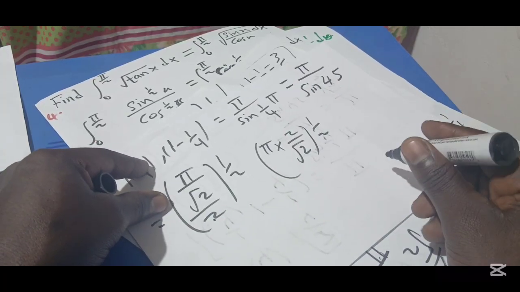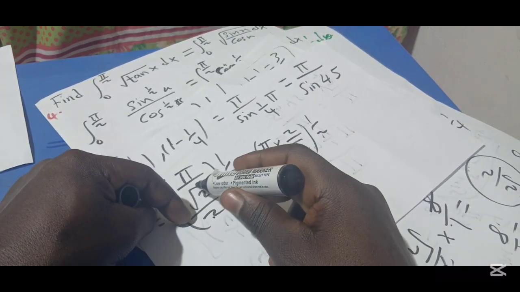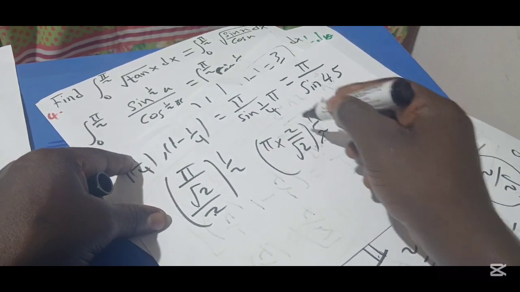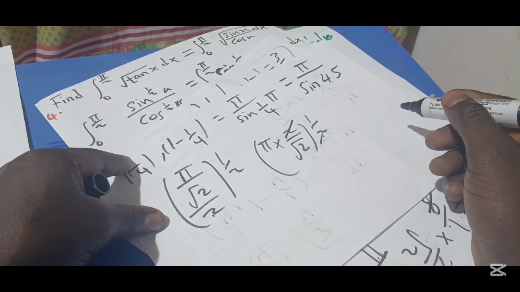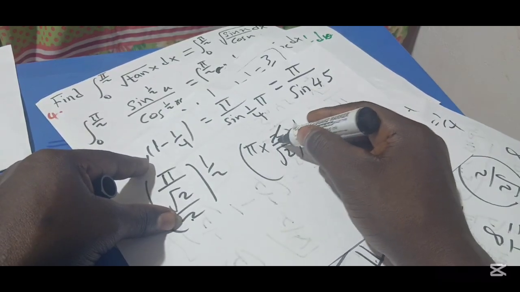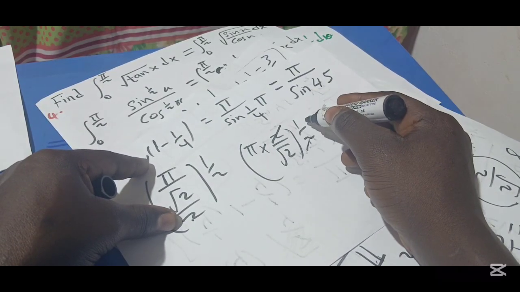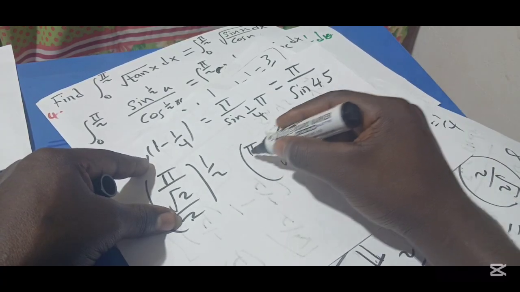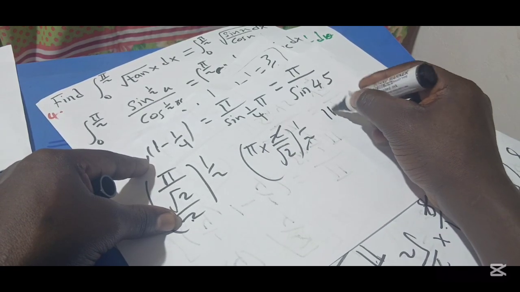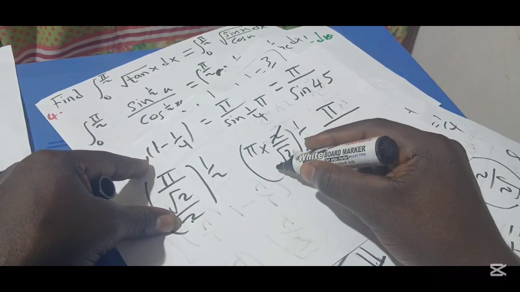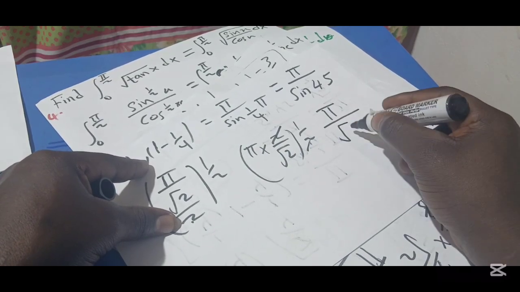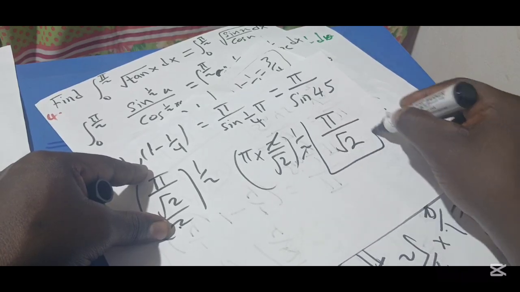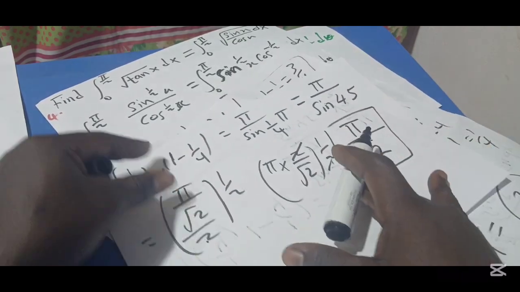Yes, we just turn this one upside down and multiply by that. So you will see that these 2 here can take care of these 2 here. What is left at the numerator side is only pi multiplying by 1, so just pi, and at the denominator side we have root 2. So this is our final answer for the problem.